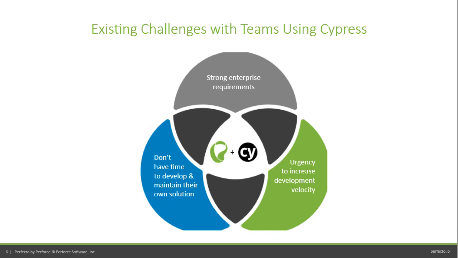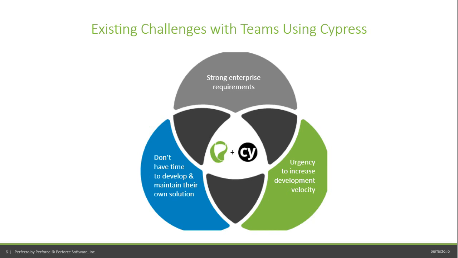The other bucket is that a lot of folks are pressing for faster feedback because they want to improve their development velocity. This is typically driven by a few things, for example, competitors coming up with new products, new features, and new functionality quicker than them, and they need a method to get more done within the same sprint cycle.